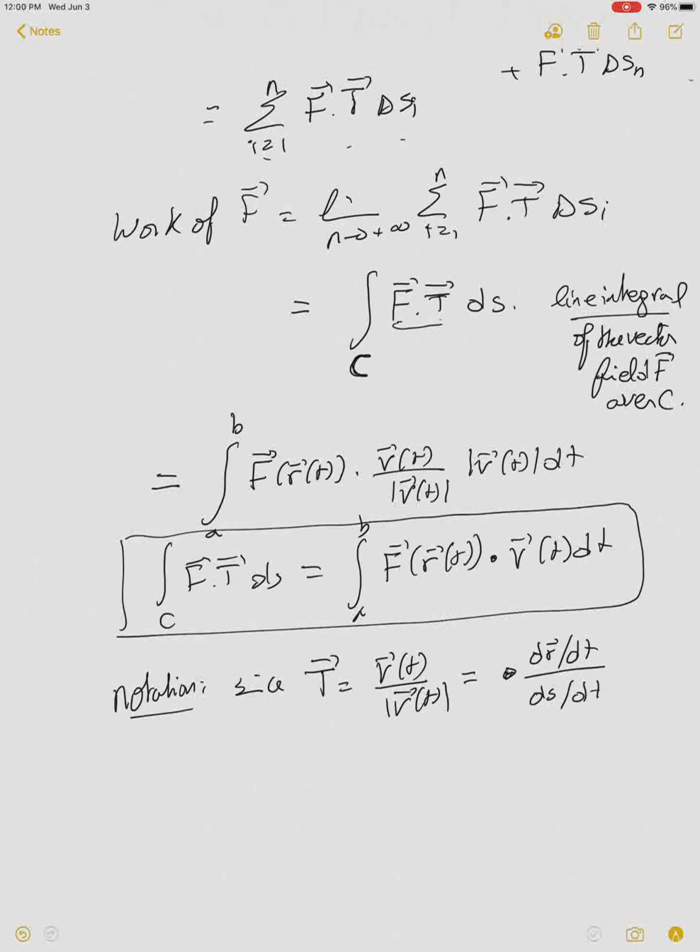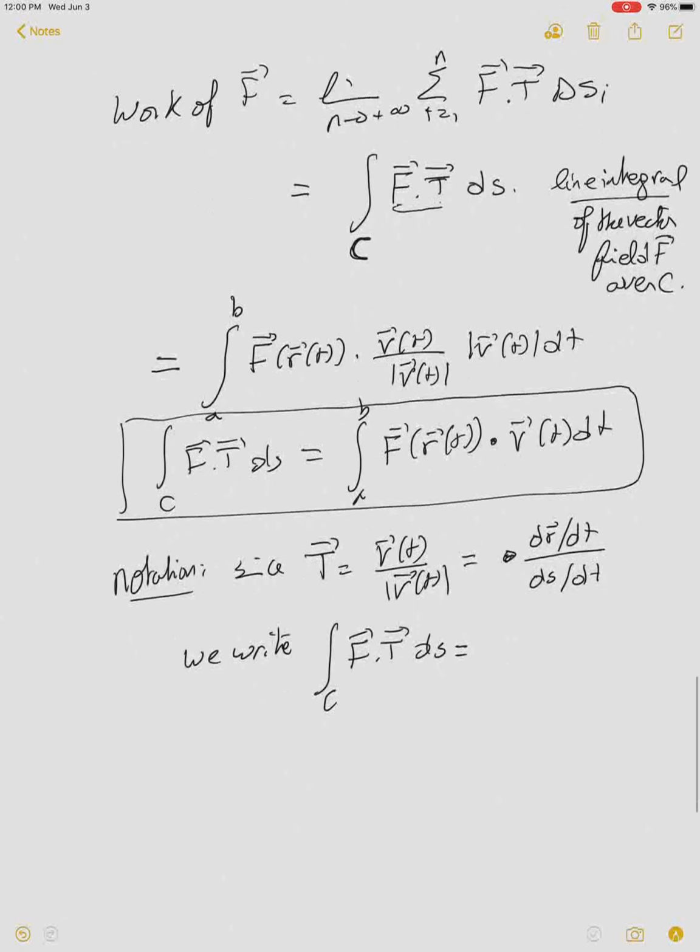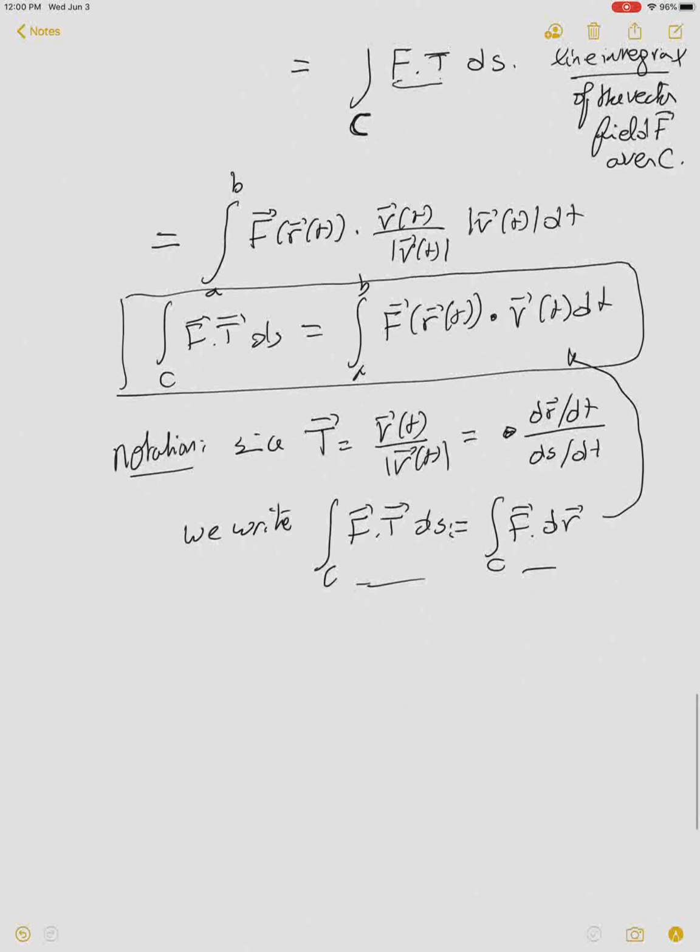It is the derivative of the arc length parameter. So sometimes we write, which is a good notation by the way, the integral over C of F dot T ds to be the integral over C of F dotted dr. This is just a notation, but these two things I calculate this way.